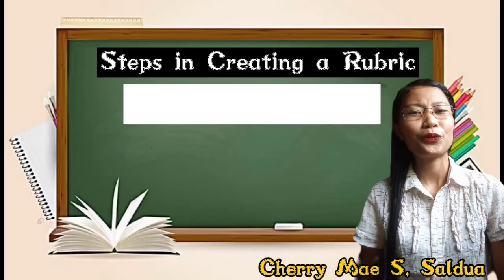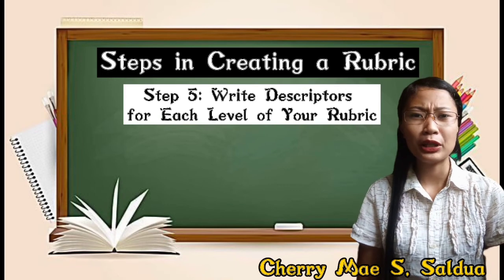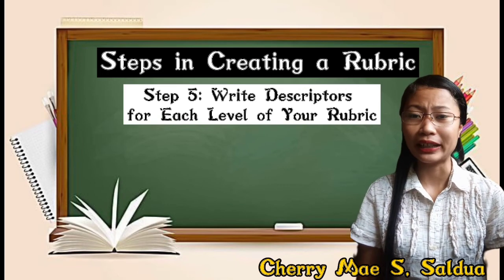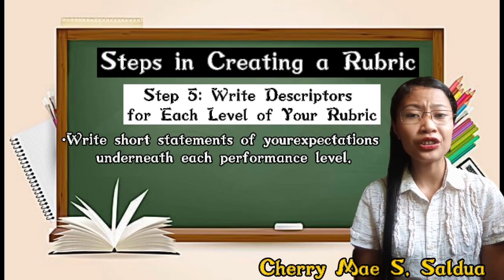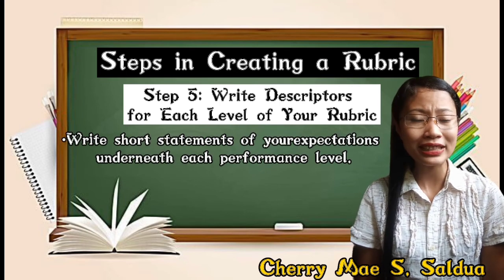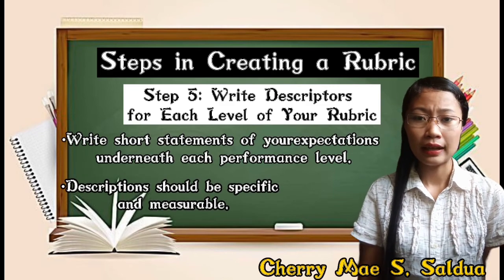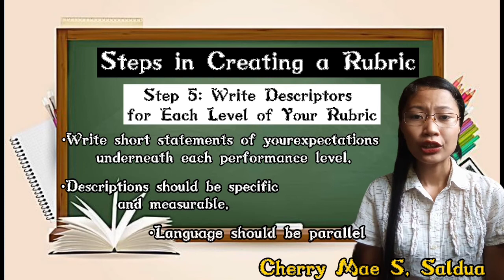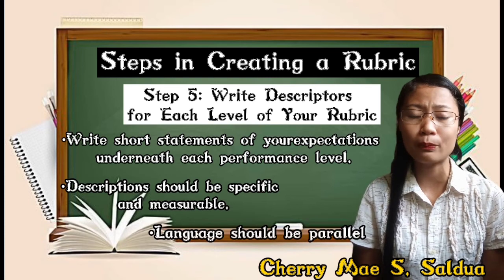Now, the fifth step is writing descriptors for each level of your rubric. This is probably your most difficult step in creating a rubric. Here, you will need to write short statements of your expectations underneath each performance level for every single criteria. The descriptions should be specific and measurable. The language should be parallel to help with the student's comprehension, and the degree to which the standards are met should be explained.